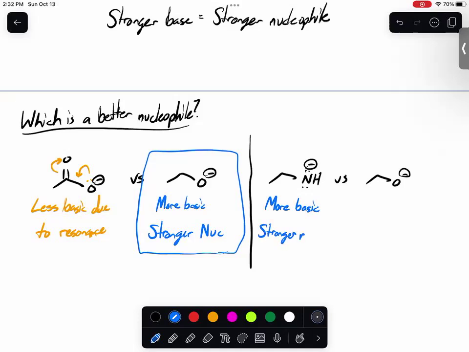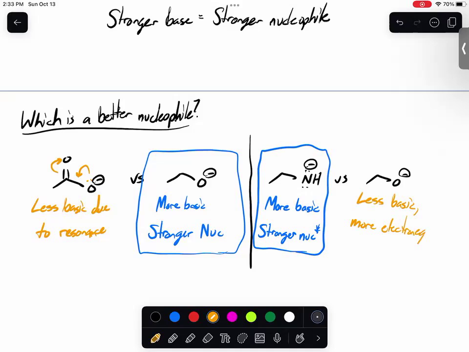We'll also put a little star beside that because we'll talk later why this can do other things. It's not just nucleophilic. But the reason we say that is because the oxygen is less basic due to being more electronegative. And these were rules that we applied back when we were talking about acid-base chemistry, right?